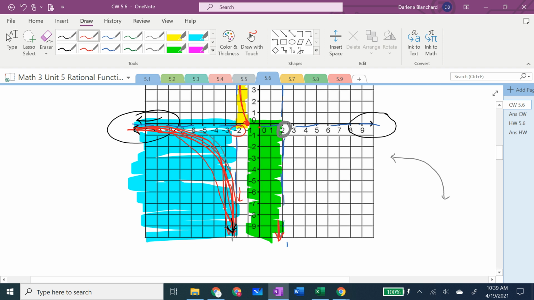If I'm stuck in this green region and I've got to go through, I know this x-intercept, and I know that I'm heading down right here. Do you see that there aren't a lot of options and it's just basically like make it look curvy and good to go?